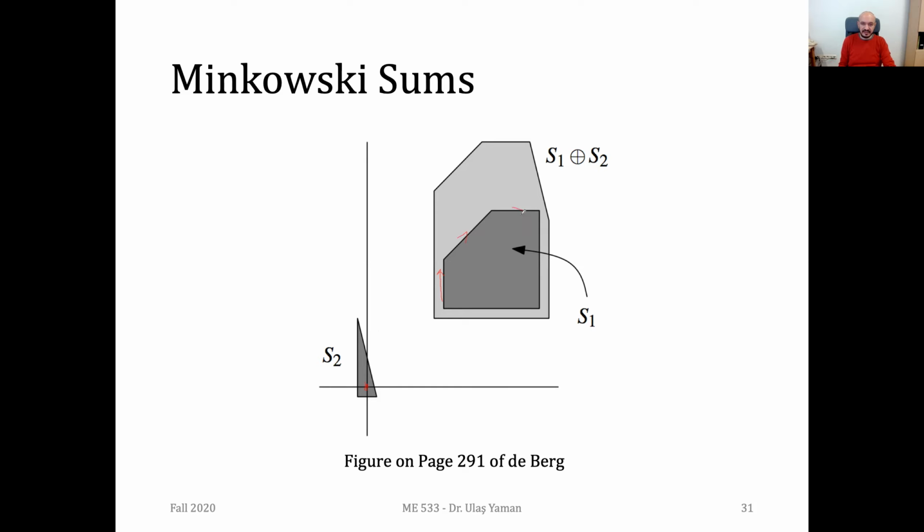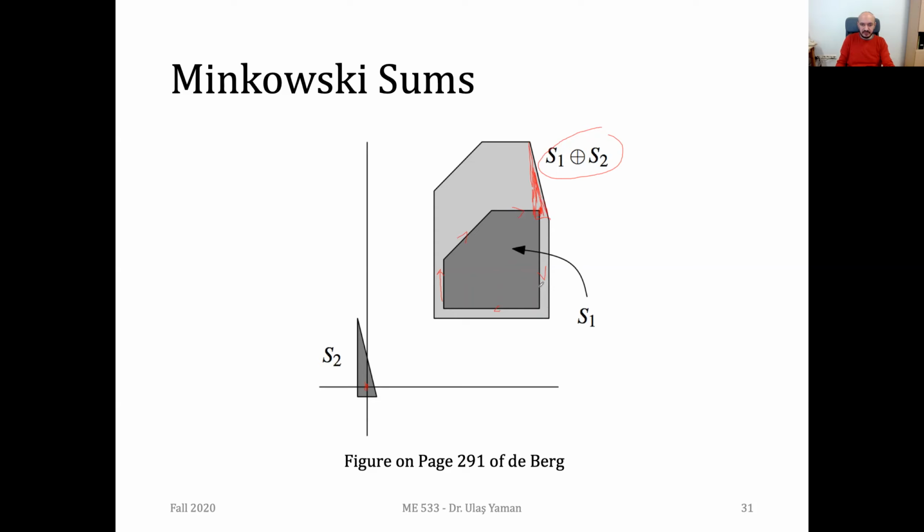Then the resulting covered region will give you the Minkowski sum of S1 and S2. For instance, think about S2 here. Let me draw it if I can properly. Yes. That is the center of S2 here, and as you see, this part is covered.